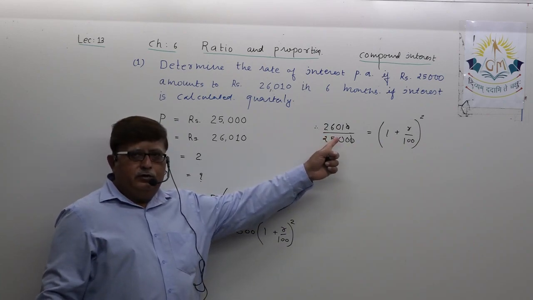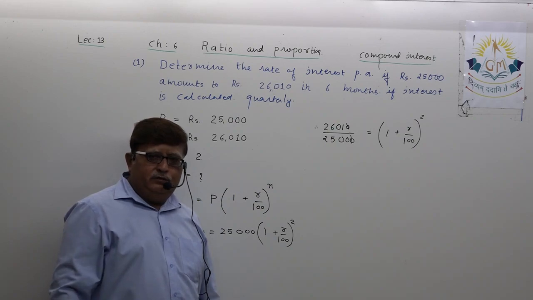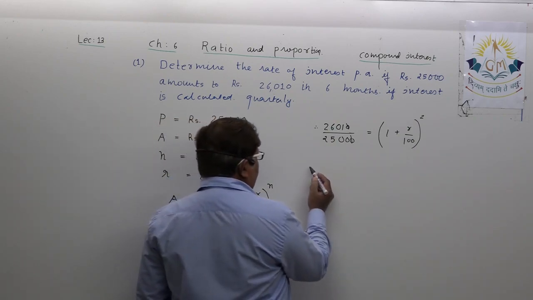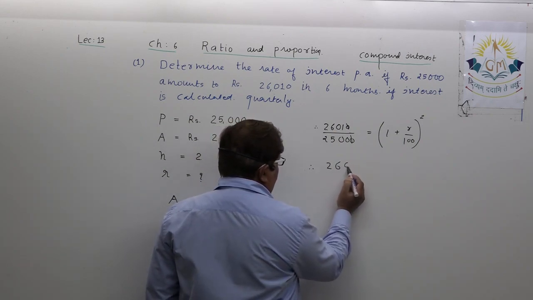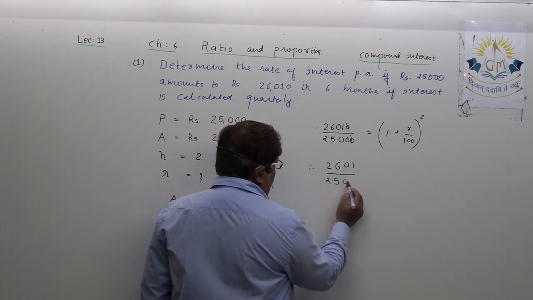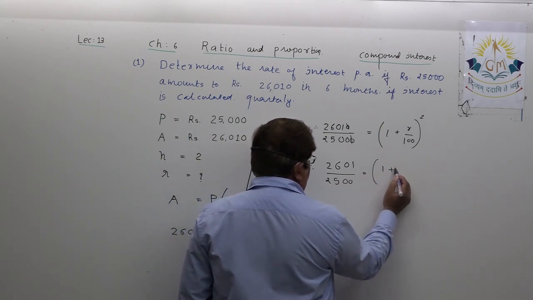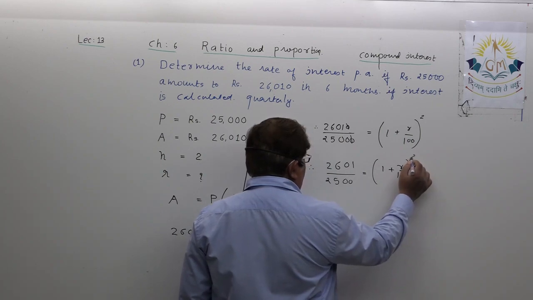Here the units digit is 1, here 0, so the rest of the cancellation will not be possible. Let me write the remaining numbers as they are: 2601 upon 2500, equal to 1 plus r upon 100 raised to 2.